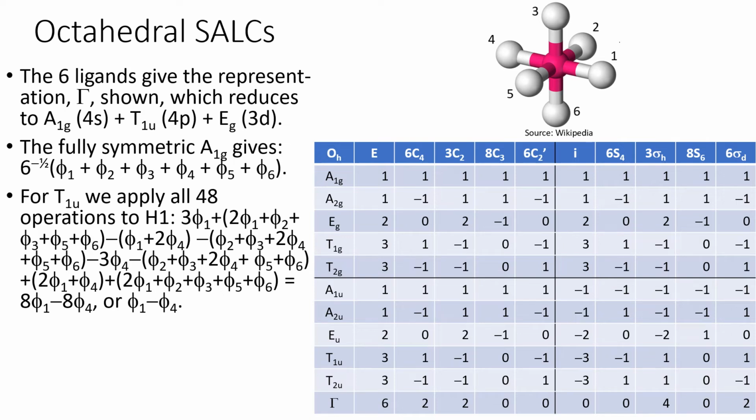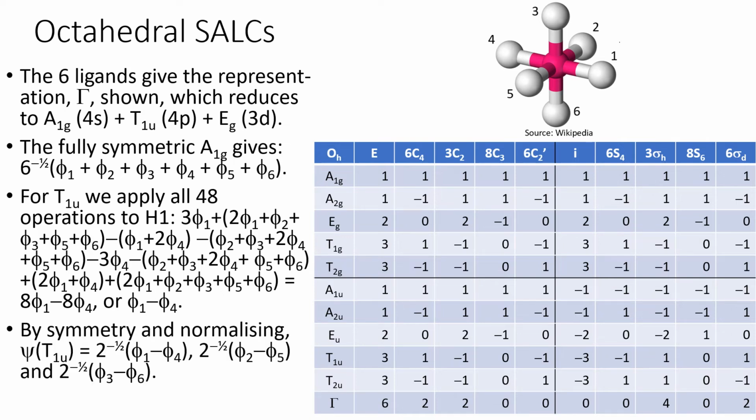So that just becomes phi 1 minus phi 4. If you consider the relationship between phi 1 and phi 4, we started with ligand 1, and what dropped out in the end was that same ligand 1 minus the opposite ligand 4.